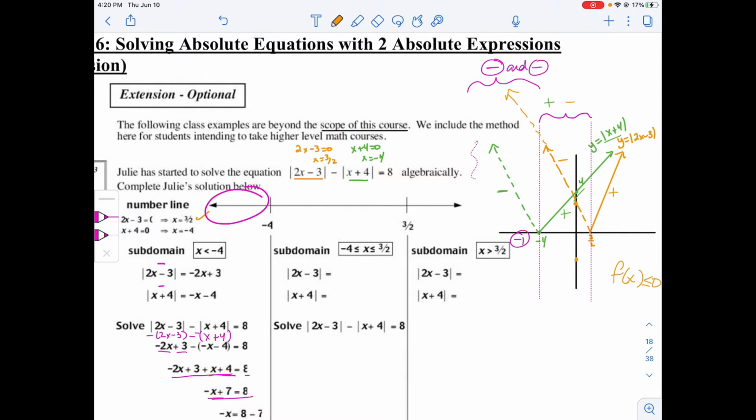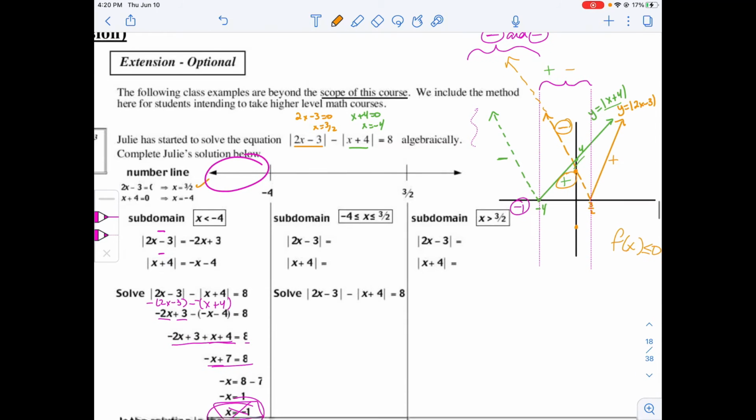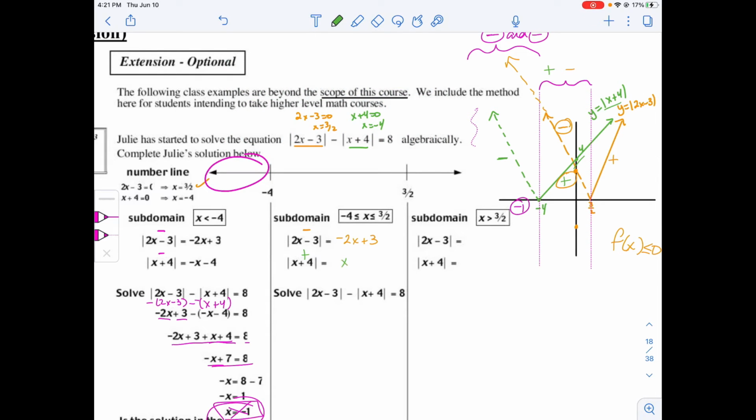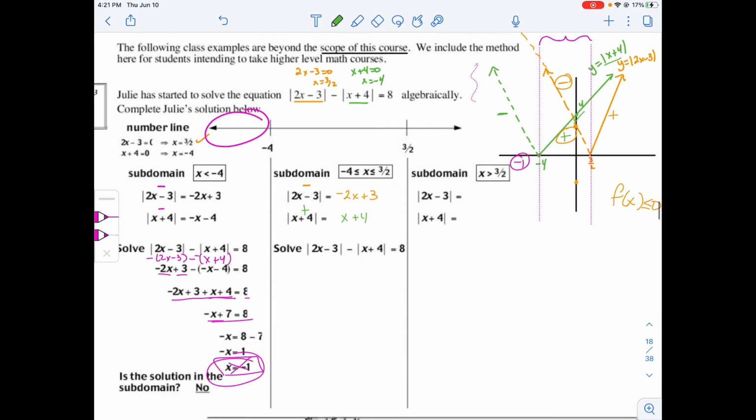The orange being the 2x minus 3 is negative, so we would end up with a negative 2x plus 3 here. And the green is positive, so we get our x plus 4.